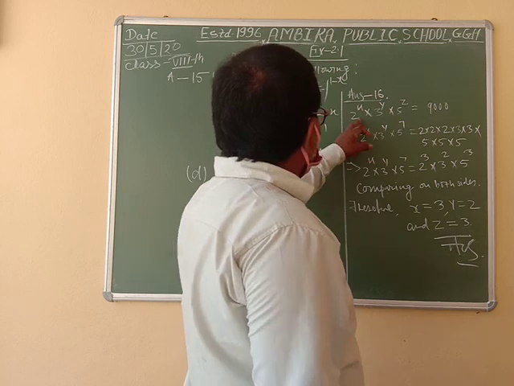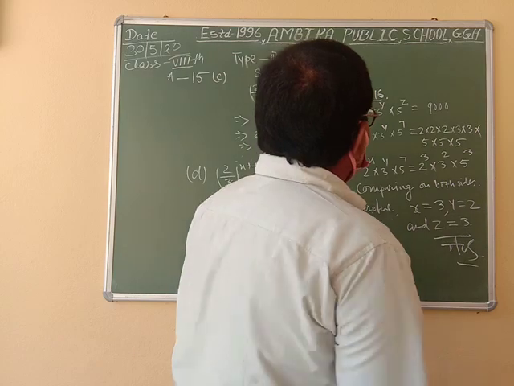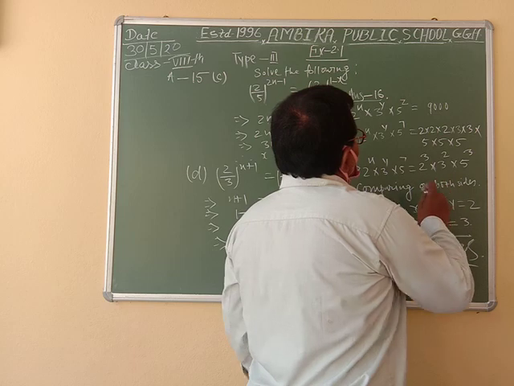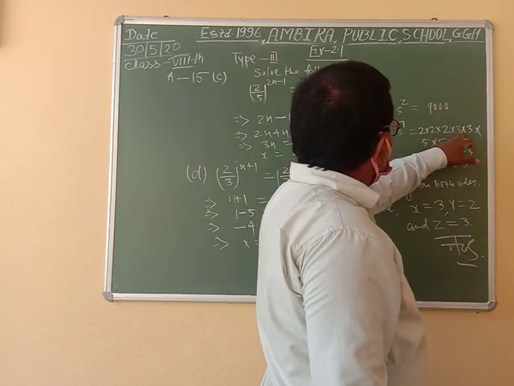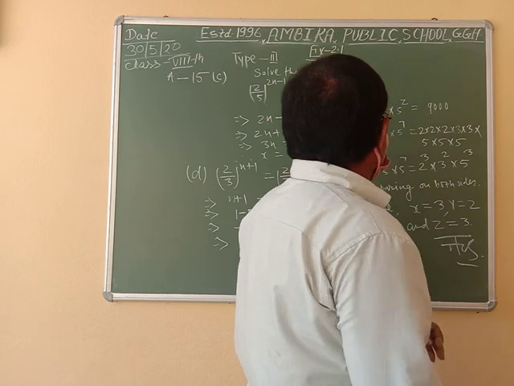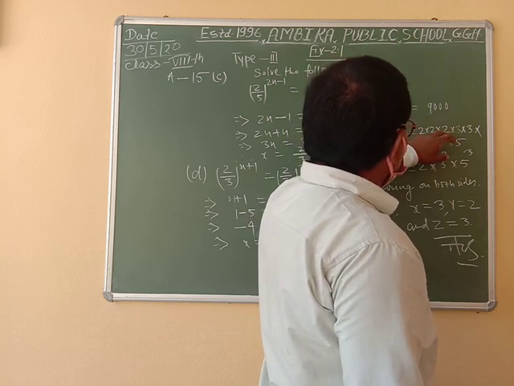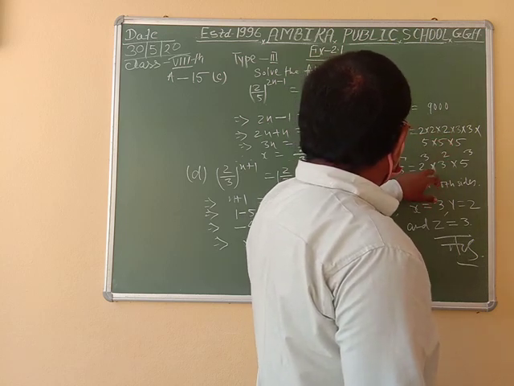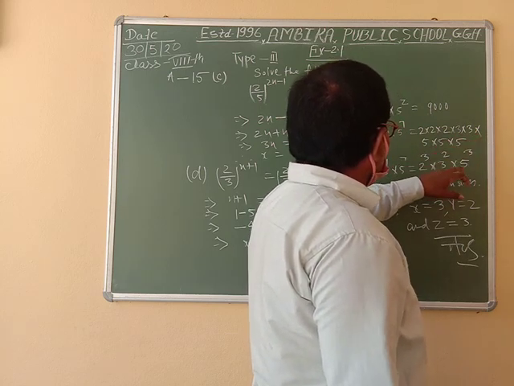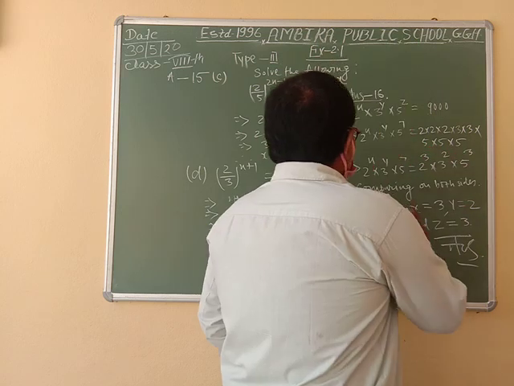We are given 2 to the power x into 3 to the power y into 5 to the power z is equal to 9000. Factorizing 9000, the factors are 2 into 2 into 2 into 3 into 3 into 5 into 5 into 5. So we can write in exponential form 2 cube into 3 square, and for 5 into 5 into 5, we can write 5 to the power 3.